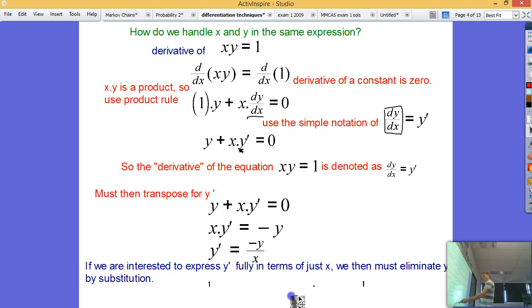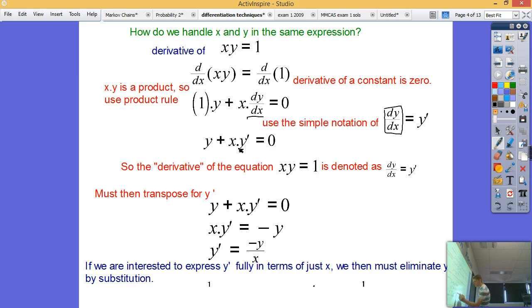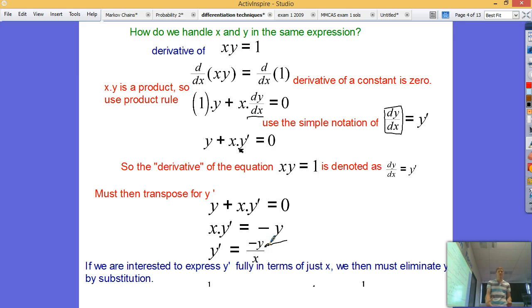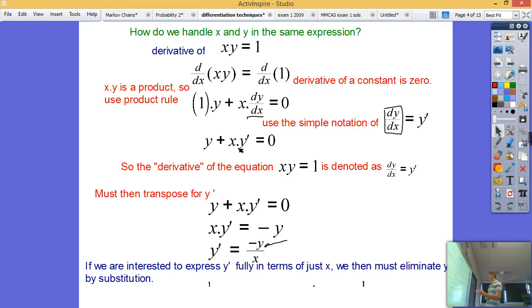If we're interested in expressing y dash fully in terms of just x, and not also another y term, because that's what we've ended up with there, some function of y and x, if we want to get rid of that y and just have x's, then we substitute. We're going to have to bring in a substitution approach now.